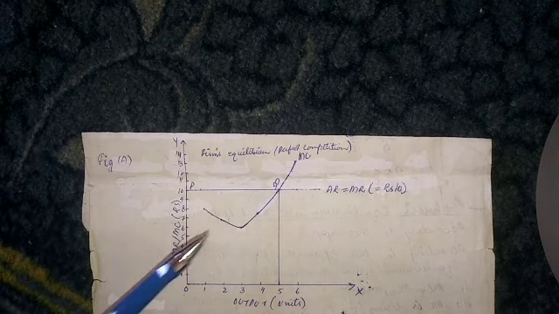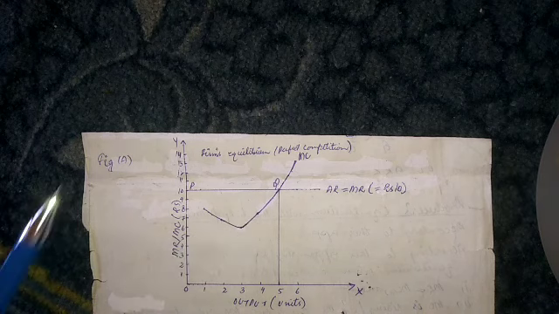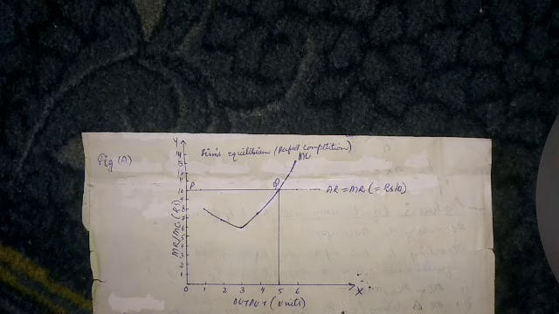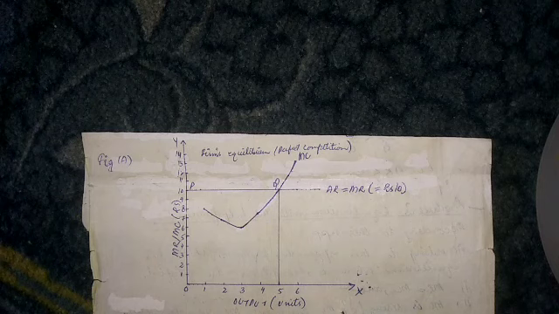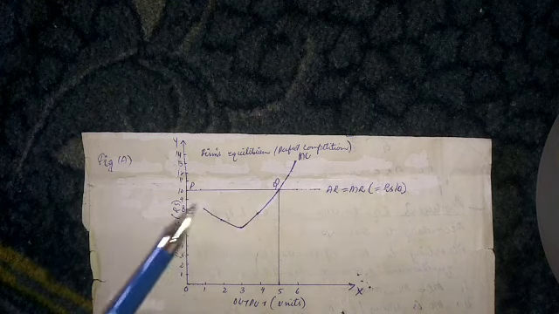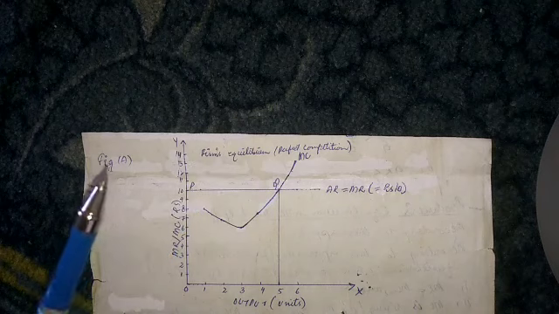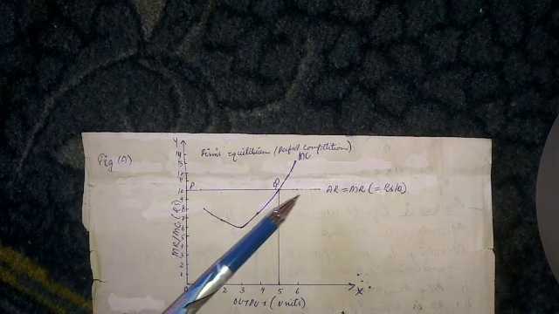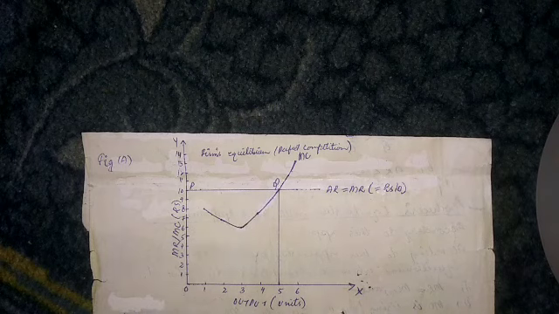Now you know the rising marginal cost cuts marginal revenue at point Q, which is the point of the firm's equilibrium. Here the firm is producing 5 units of output, maximizing its profit, satisfying two conditions: MR is equal to MC, and the MC curve is rising, or it's cutting the MR line from below, right?